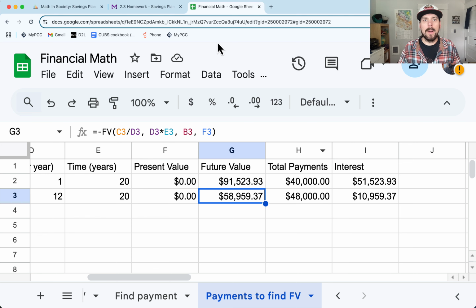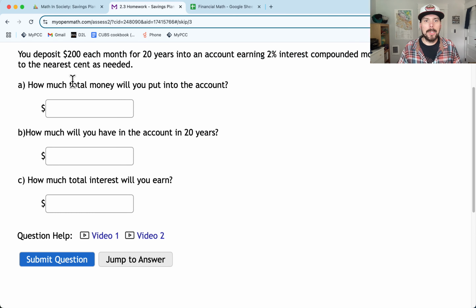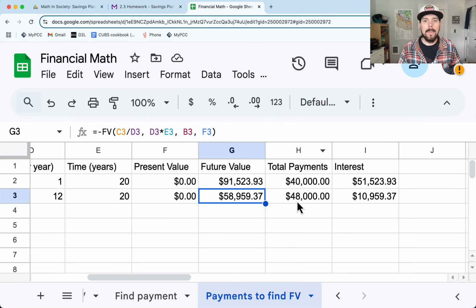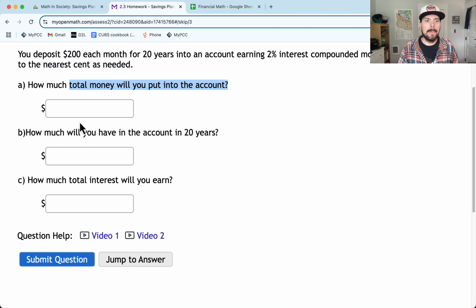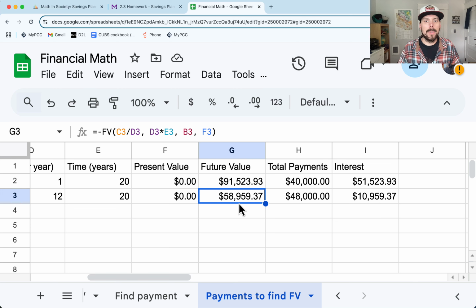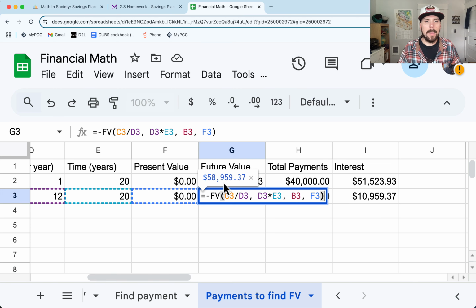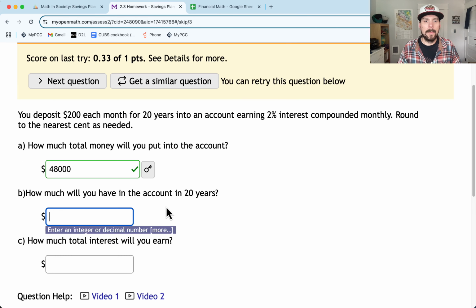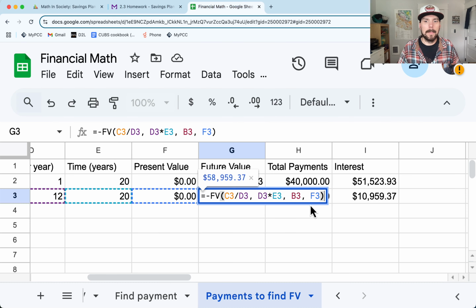It first wanted to know how much total money is put in the account. We have that here for the total payments. That's $48,000. Next, after 20 years, that is our future value. I'm going to copy that one. And we've got our interest as well for the third answer.